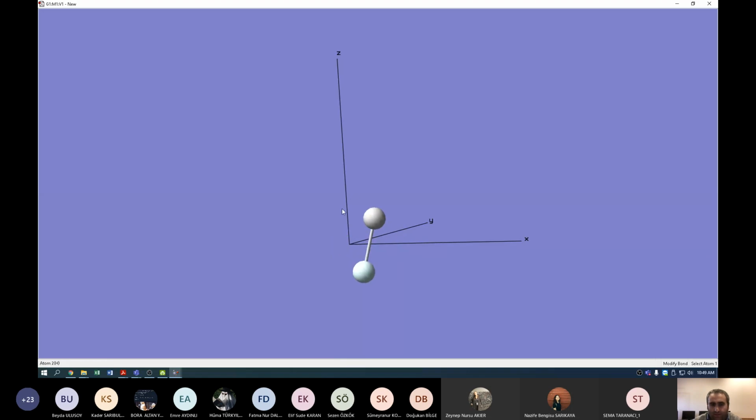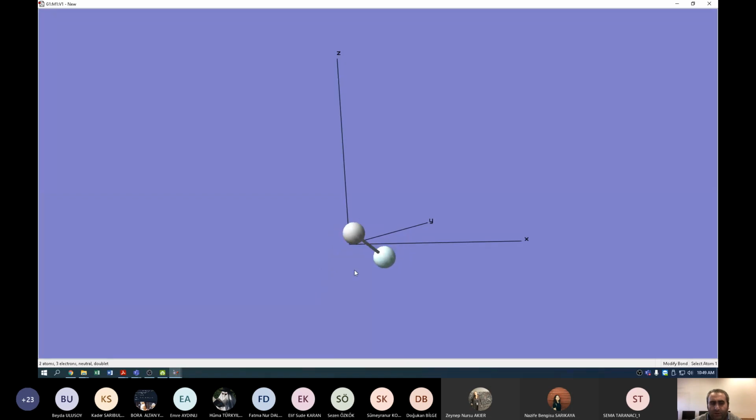Okay. This is actually a rotation. So this rotation can be on the Z axis like that or the Y axis like that. Now this is the Z axis, Y axis, and there is nothing more.